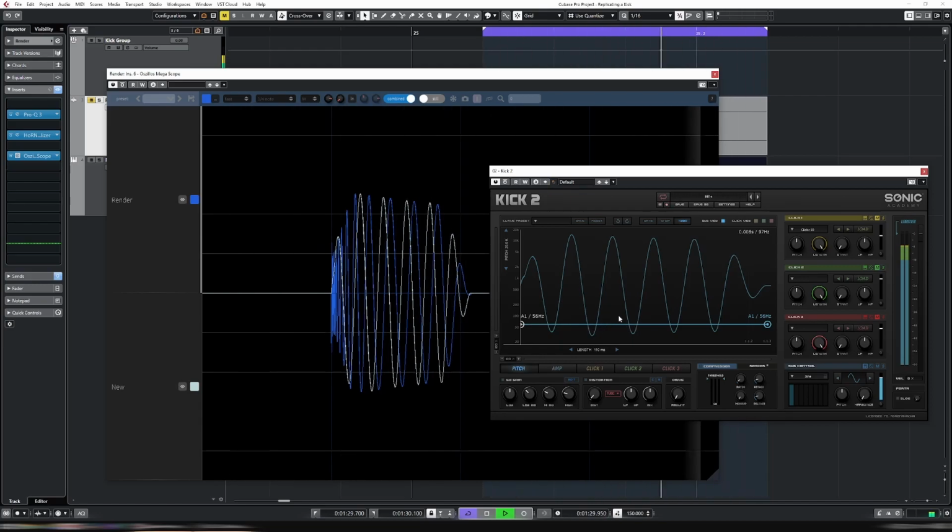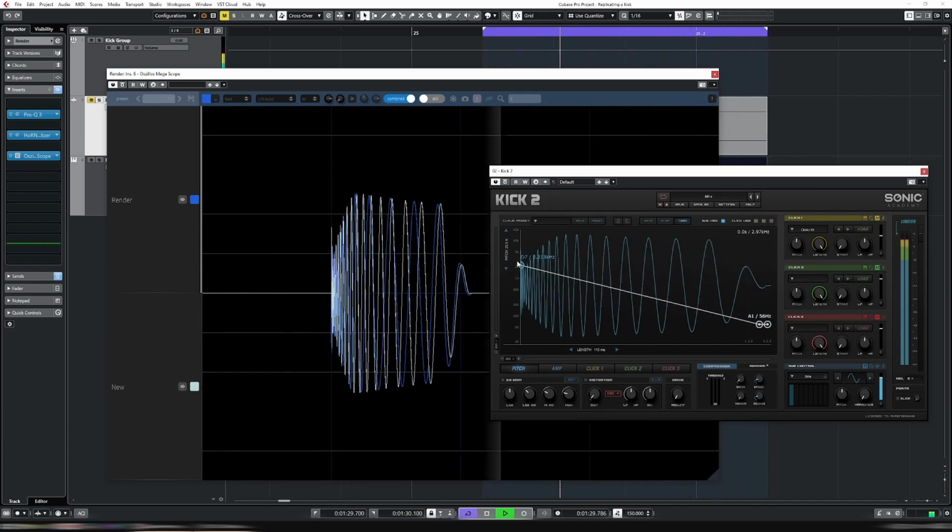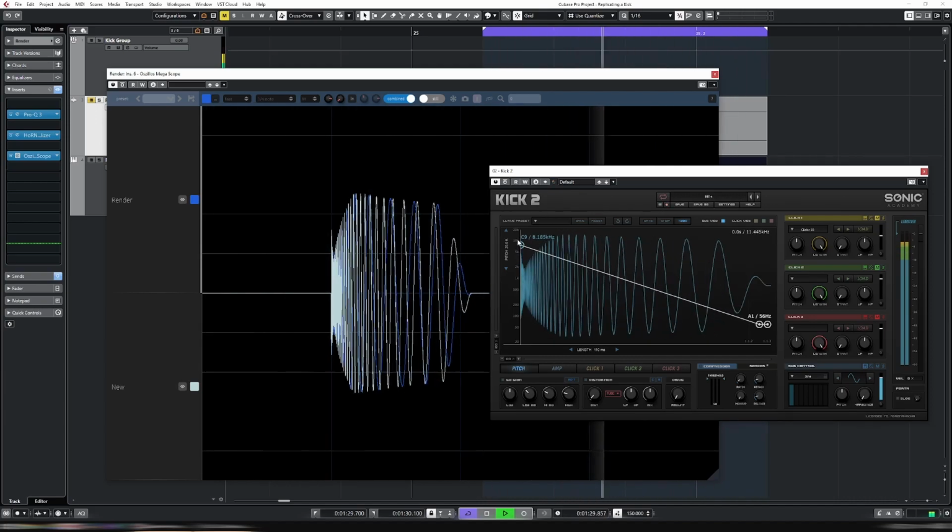So our initial estimate of 55 Hertz holds. We're happy with that. Now we need to start plotting in the attack phase. Let's put another node here just to lock that in place. And we'll go up to the 12,500 that we saw earlier.